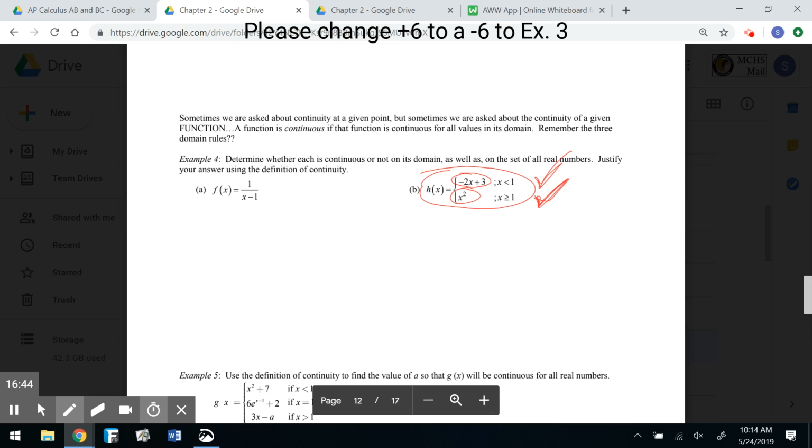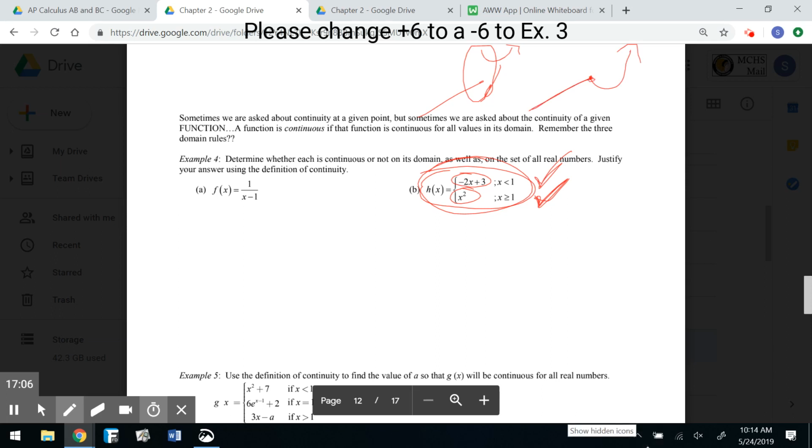Well, it's a piecewise function, so sometimes you get a line and you get a parabola that looks like that. Is that continuous? Not there. There's a jump right there. So what this question is asking is, at x equals 1, do that line and that parabola connect?